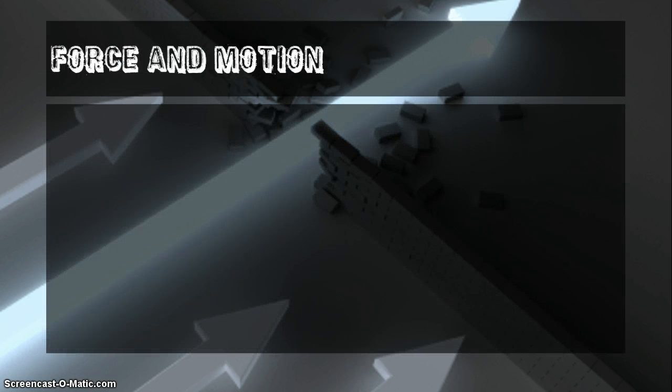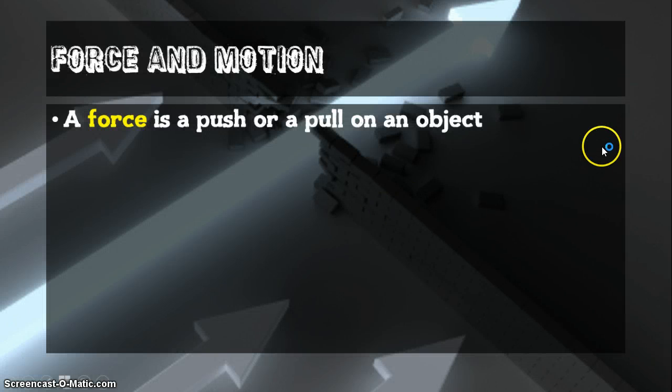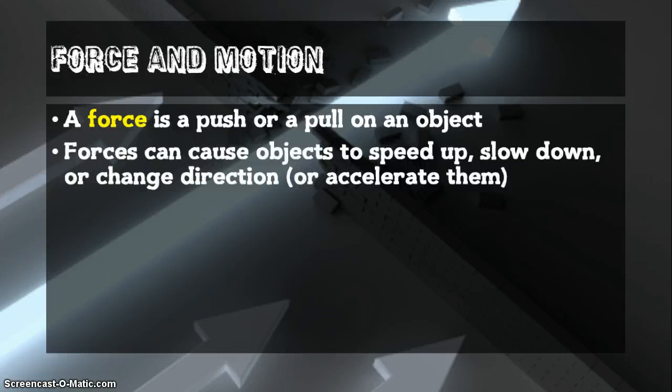So looking at what is the cause, forces are going to be the cause of why things are put into motion. And a force is just any push or pull on an object. They can cause objects to accelerate, and remember that can either mean speeding an object up, slowing it down, or changing its direction.